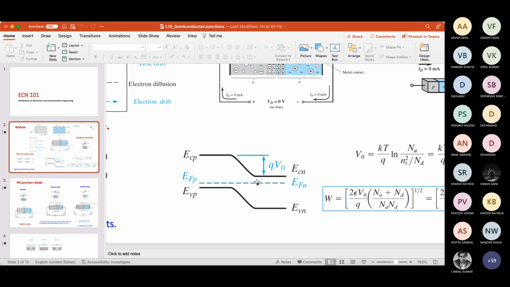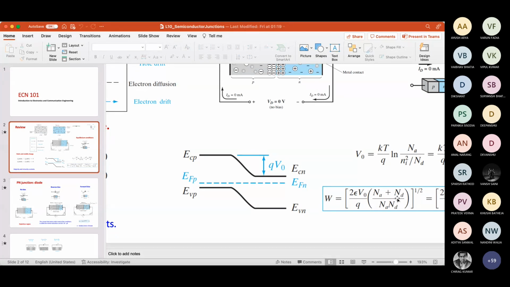Sir, you explained that a difference in Fermi level develops the potential difference. But how do we know that the potential difference will be equal to the difference in Fermi levels? If you want to calculate the potential across any device from the fundamental physics of that device, meaning from first principles, then we need to calculate the Fermi level across the device.